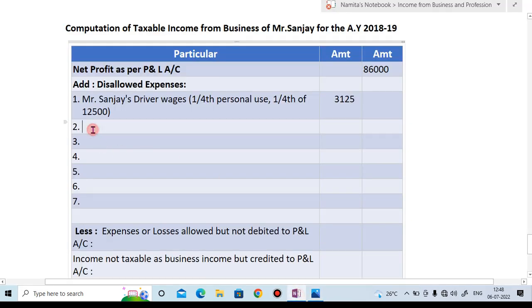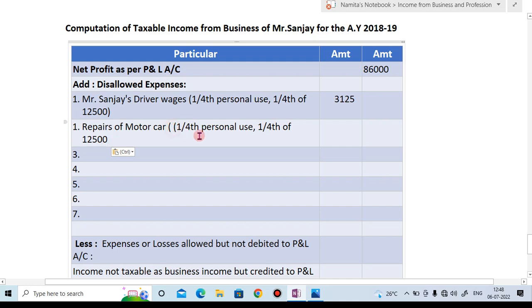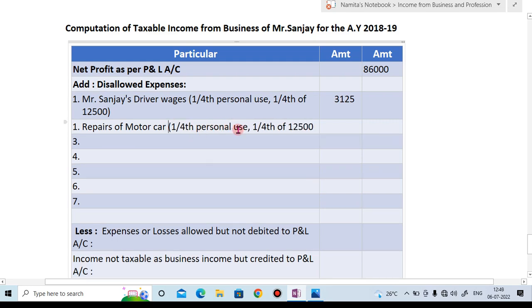So second disallowed expense will be repairs of motor car. One-fourth is personal use, that is 1/4 of 13,000.